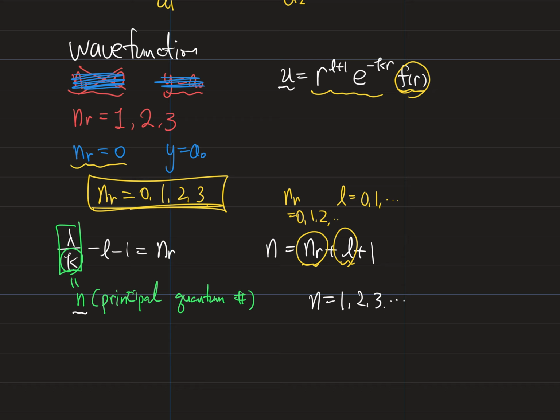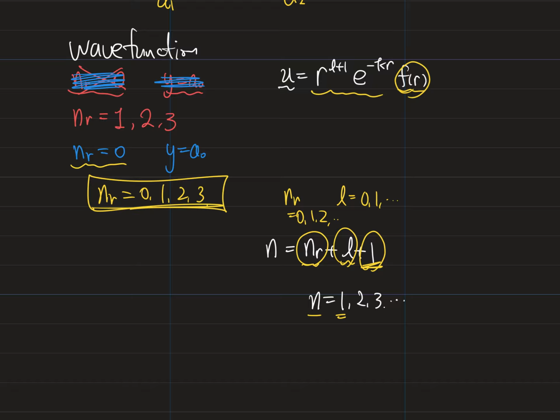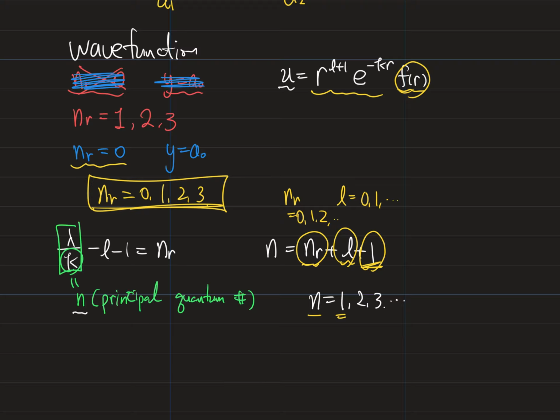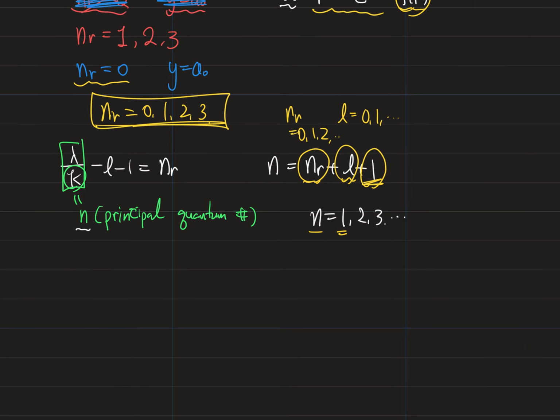So n should start from 1 because of this term, and it should be some positive integer number, right? So the restriction on the Laguerre polynomial to be valid and to be a finite summation of the polynomials gives us some restriction on n. So that is the origin of the restriction on quantum number n.